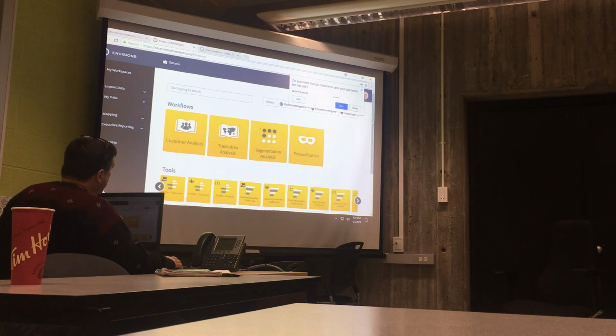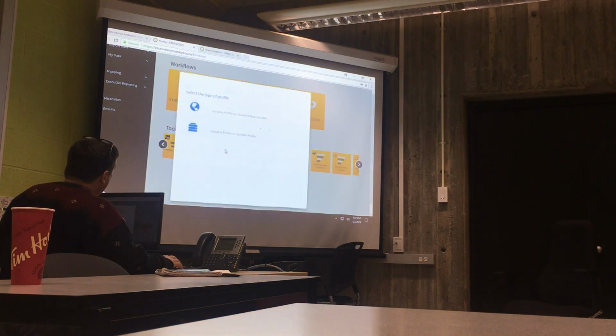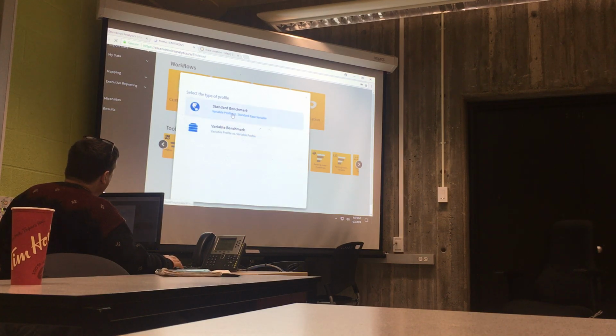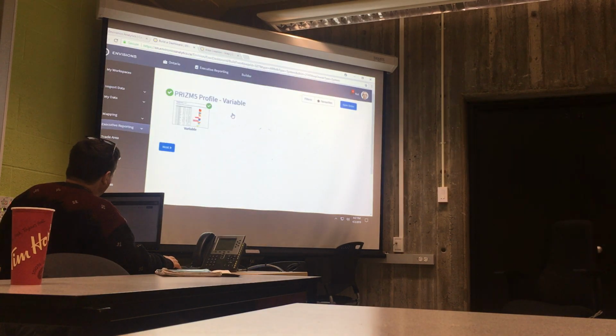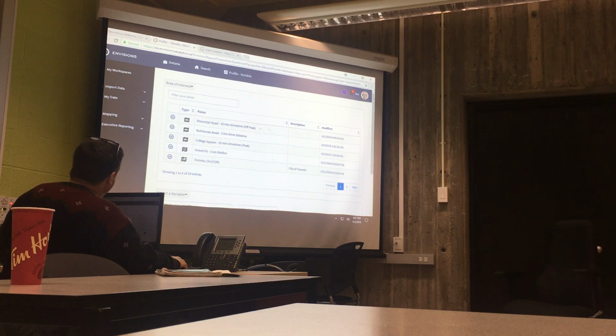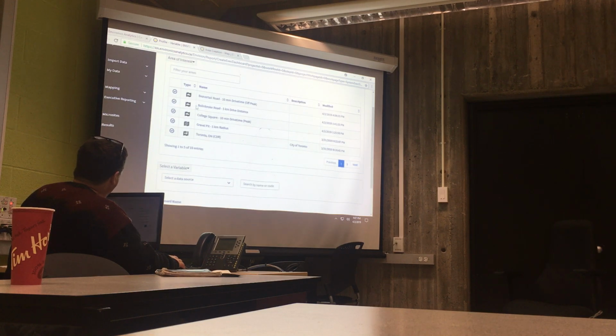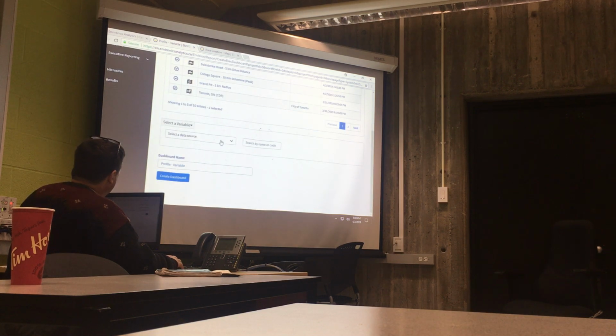What we will do now, I want to create a profile. We have a standard benchmark. Standard benchmark is this. So we have Beavertail Road here. We want to know as much as we can about Beavertail Road, and the data source we'll be using will be the Census Plus.